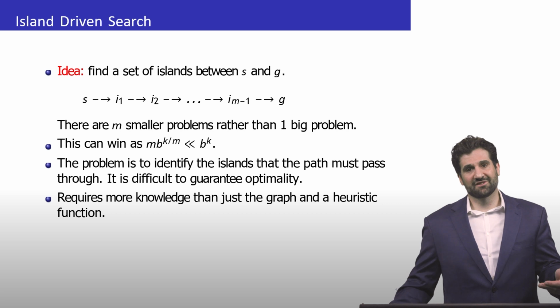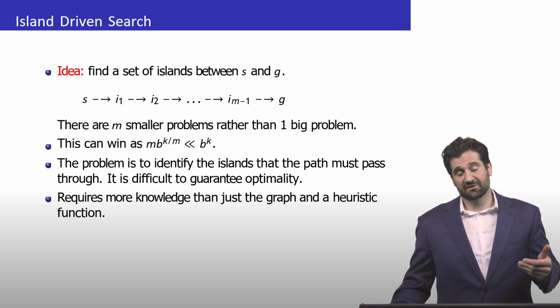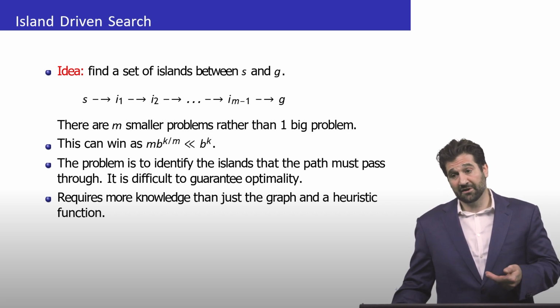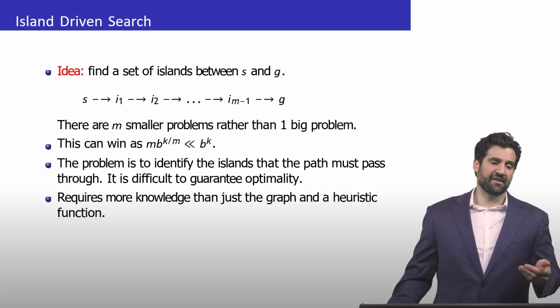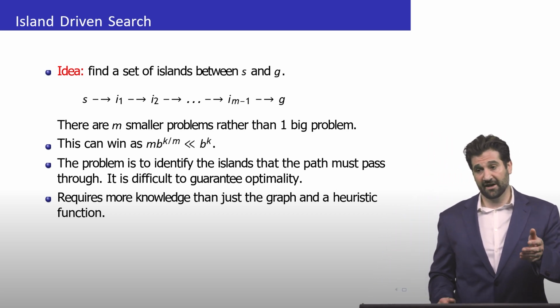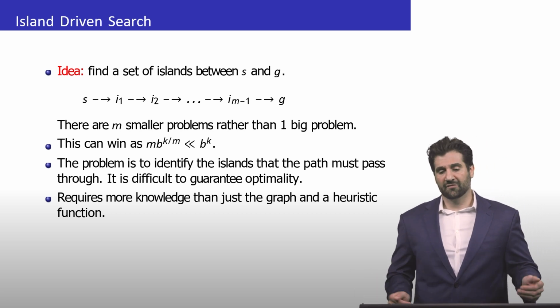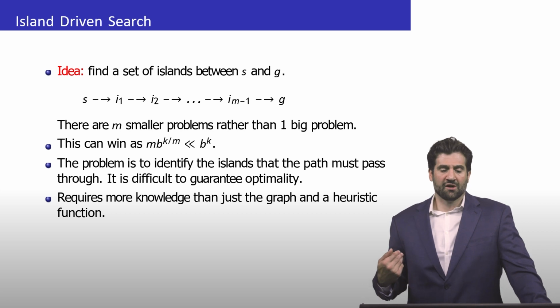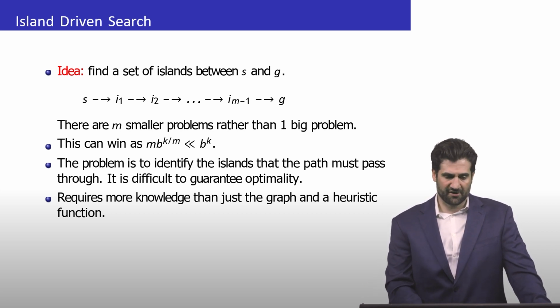The issue is that you have to be able to identify the islands, and in doing that you may lose optimality, because there might be some path that circumvents an island and gets you a more optimal solution to the goal node. And so you do need a bit more knowledge than just the graph and the heuristic function.